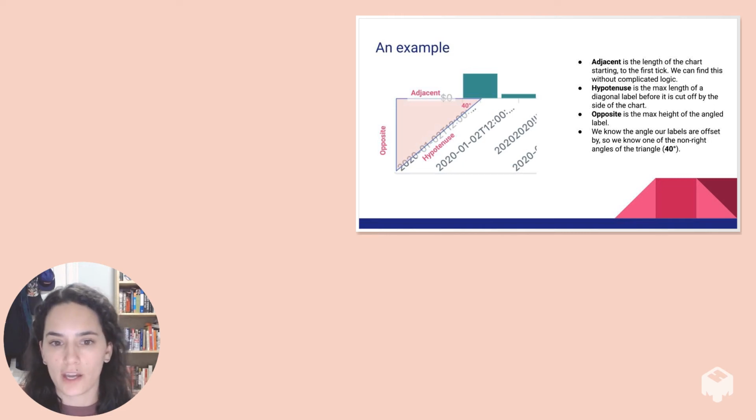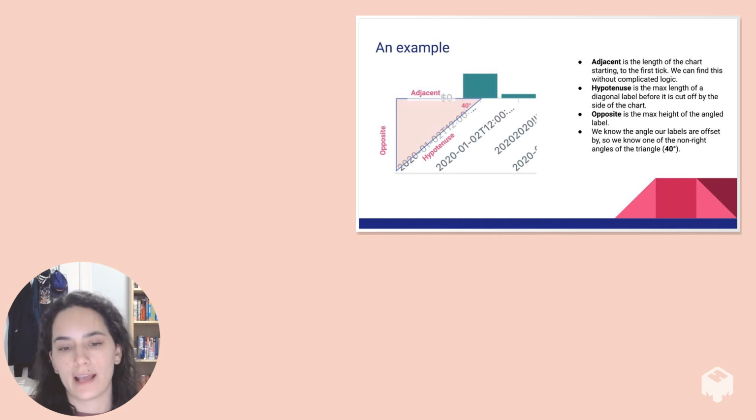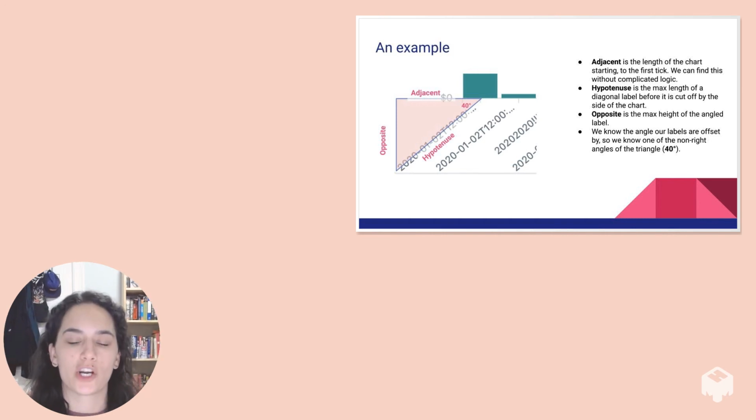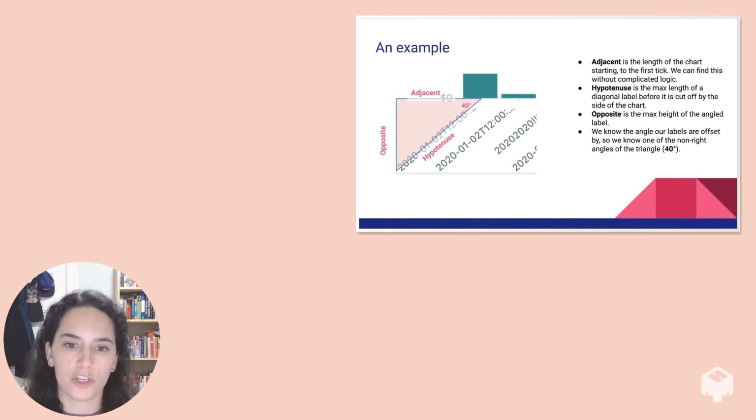The adjacent side is the top, where you can see where the x-axis would be, and it ends where the middle of the first bar is. And then the opposite side is the one that's running from the top of the adjacent side to the bottom of the hypotenuse.